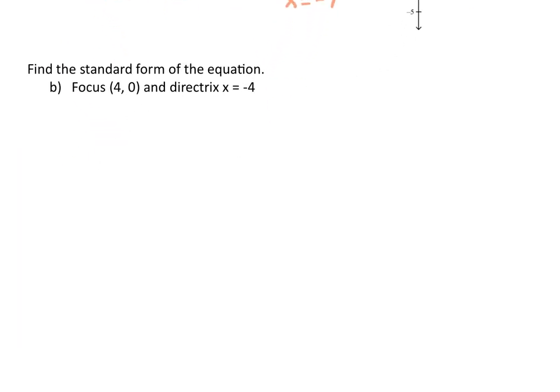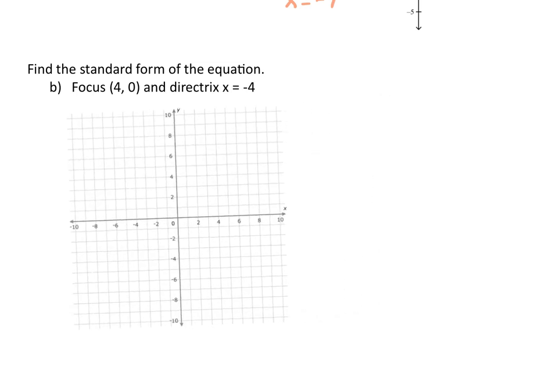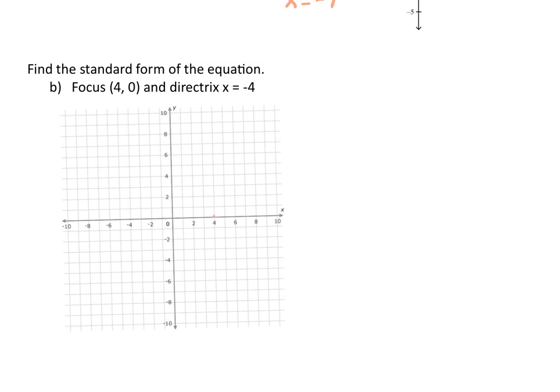All right, find the standard form of the equation. Now we're working backwards. So we will give you a piece of graphing paper for questions like these if you want to keep that in mind. But if I had to draw it, I would go focus is 4, 0, so that's my focus. And directrix is x equals -4. That's my directrix.